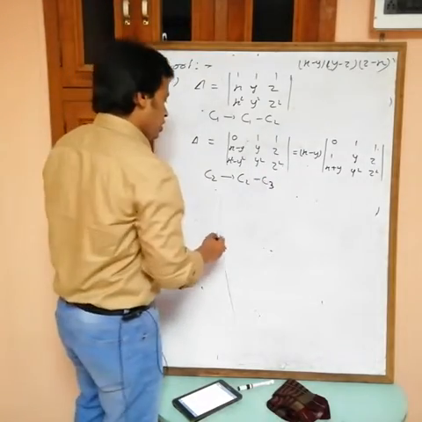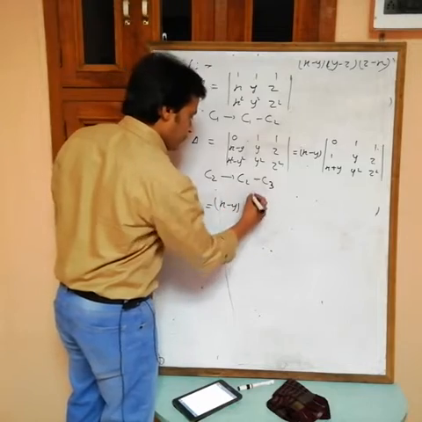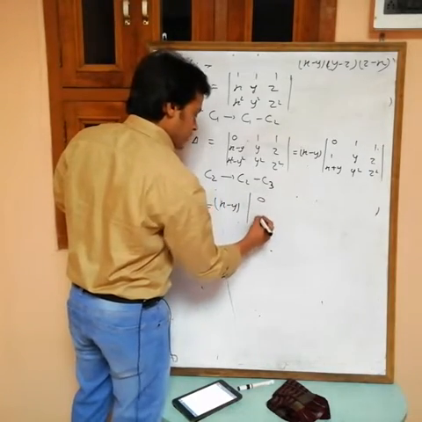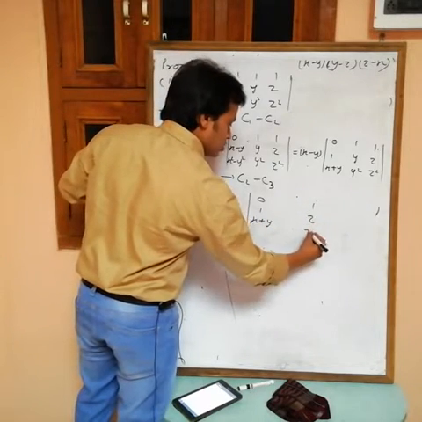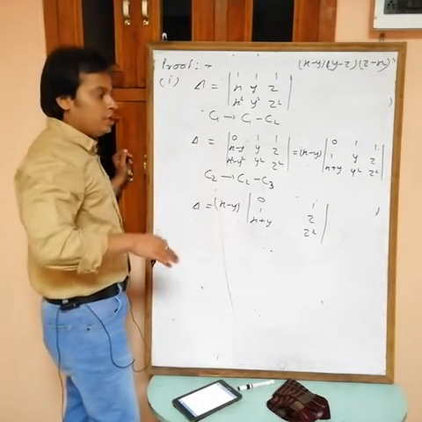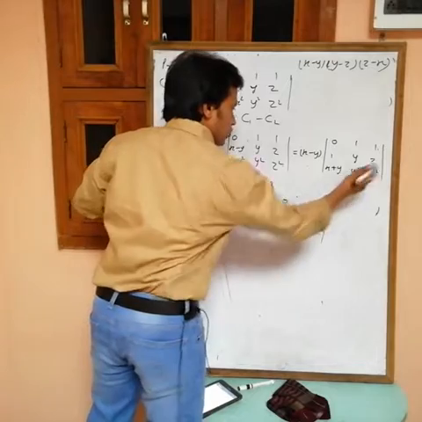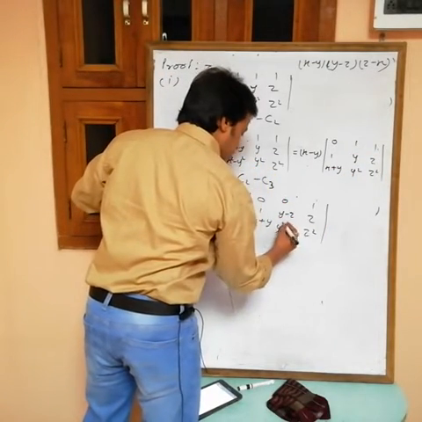Obviously I can do it. So x minus y stays the same. Now you are changing C2, so C1 and C3 remain the same. First write them: x plus y, and C3 is 1, z square. In C2 we are subtracting C3: 1 minus 1 is 0, y minus z, and y square minus z square.